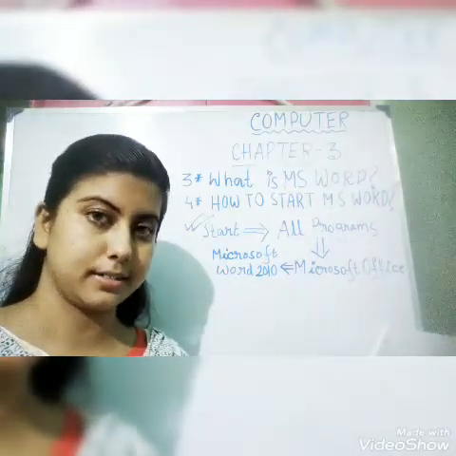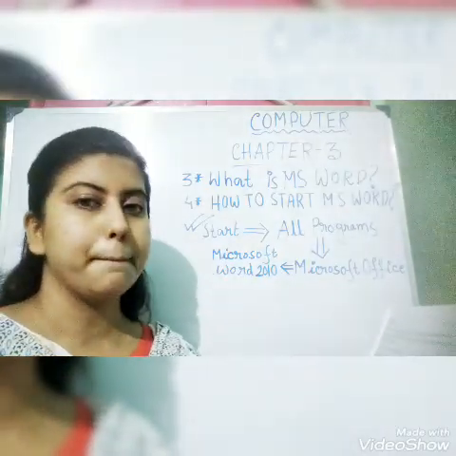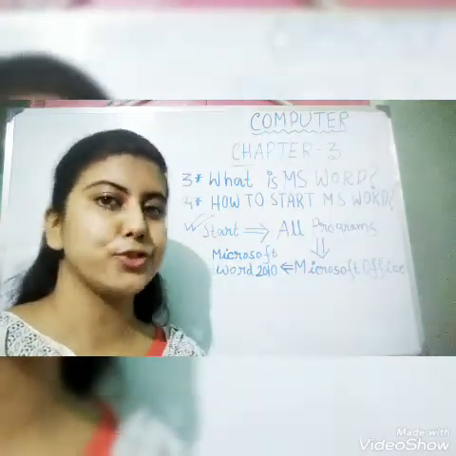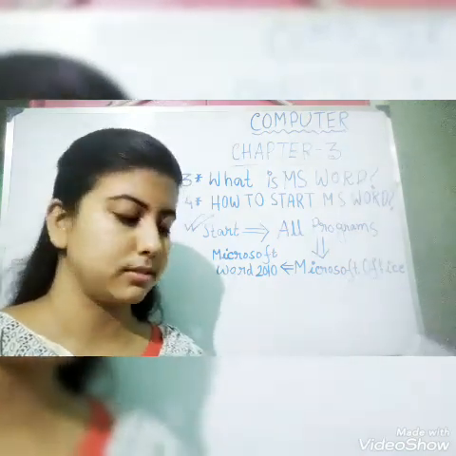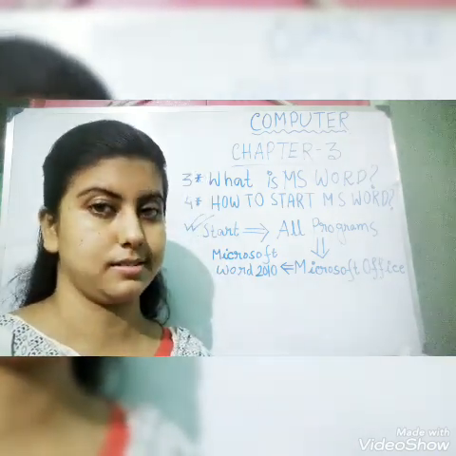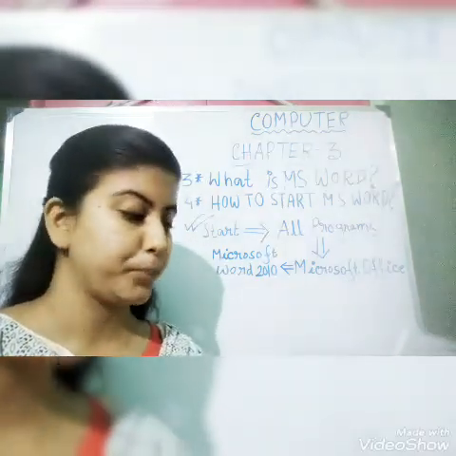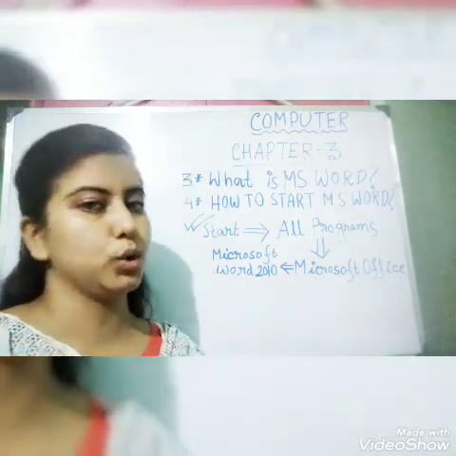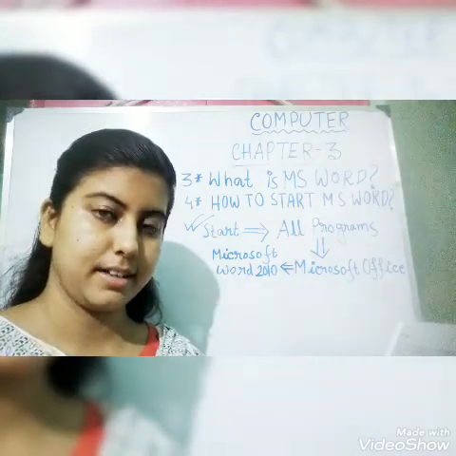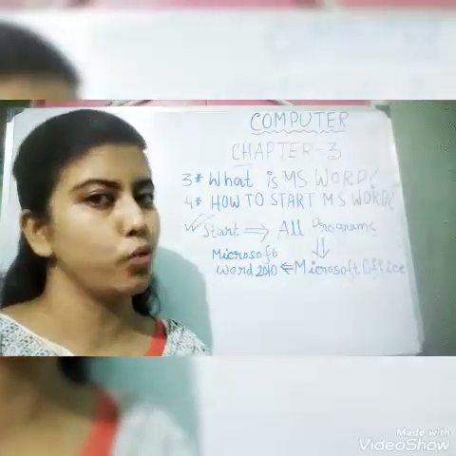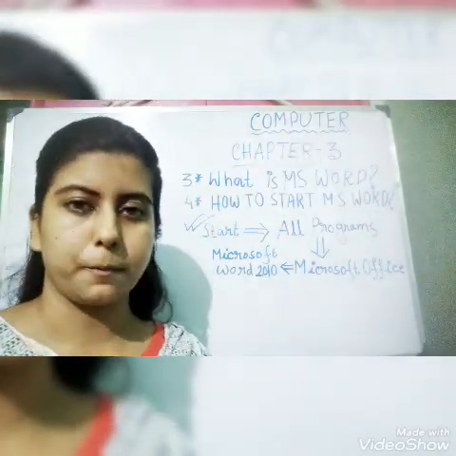Step 3. Click on Microsoft Office. Then you have to click on Microsoft Office option. Now you will have another list. From there, you have to click on Microsoft Word 2010. In this way, you can open MS Word on your computer.